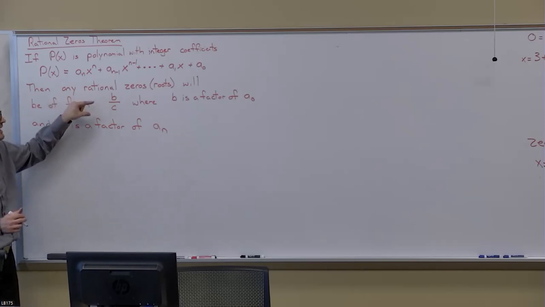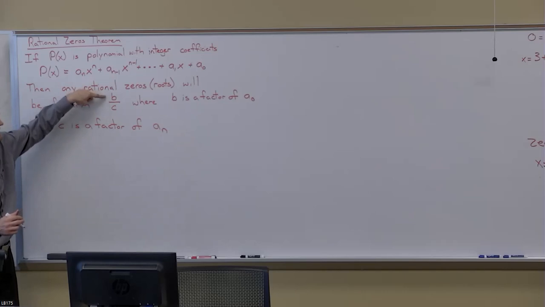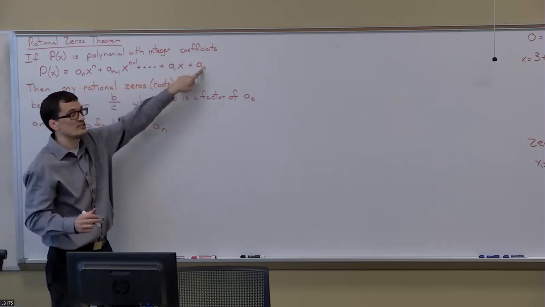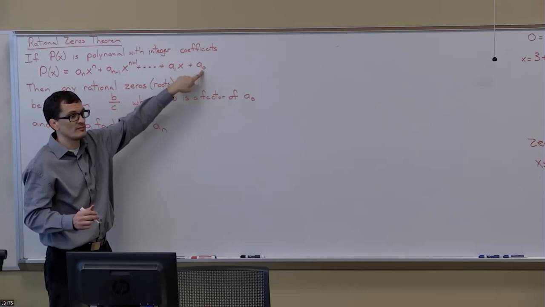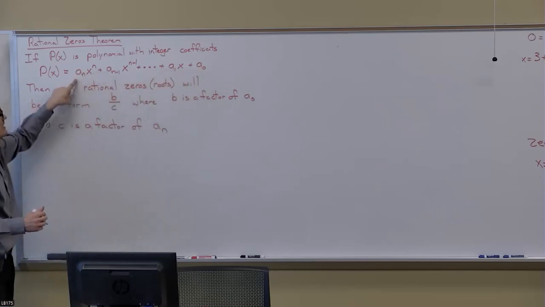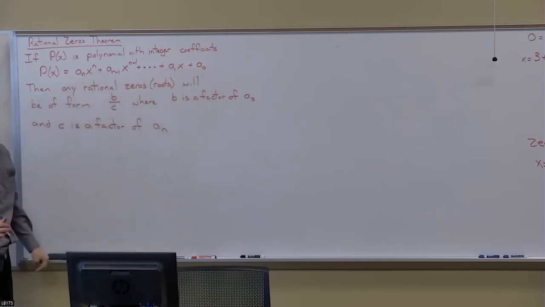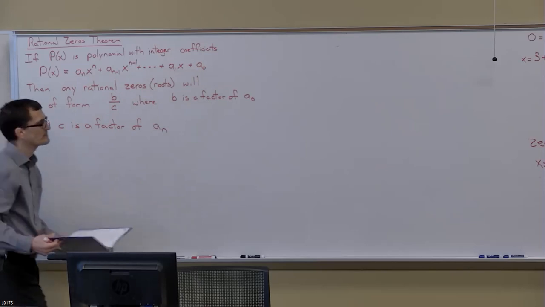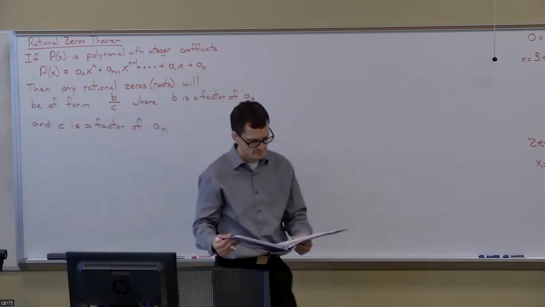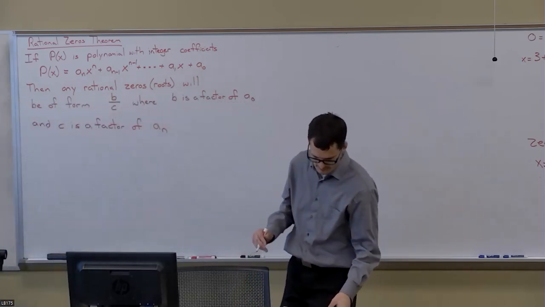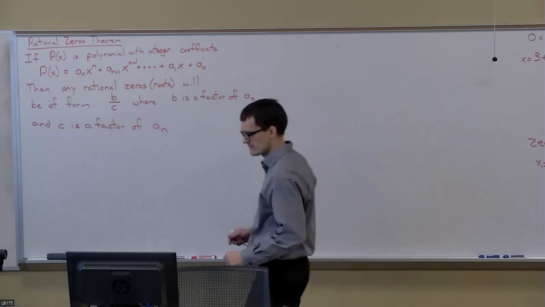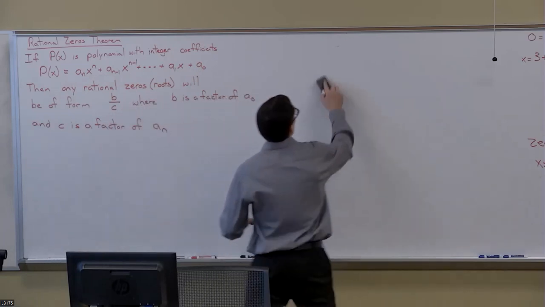And that finite amount takes all of the factors of just this constant term, and divides it by all the factors of the leading coefficient. Right?